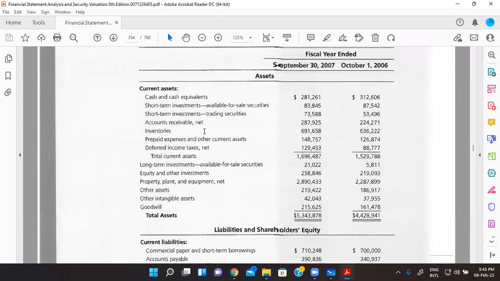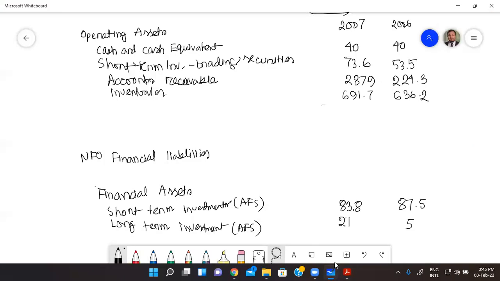So prepaid expenses and other current assets, we can write it as 148.8, and 126.9.